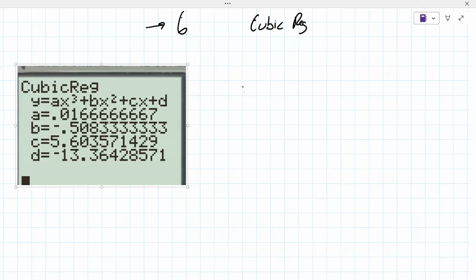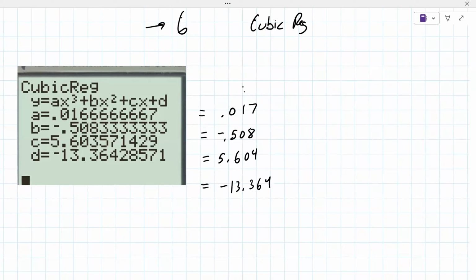So the way to write this is we're going to round A, B, and C. So A will be 0.017, B will be minus 0.508, C will be 5.604, and the D here will be minus 13.364. Okay.